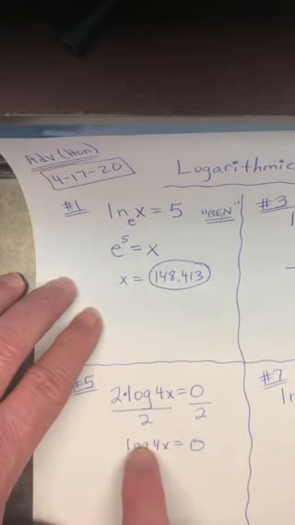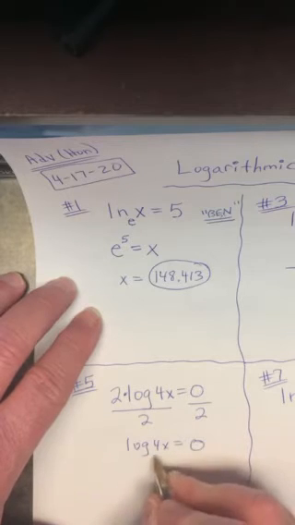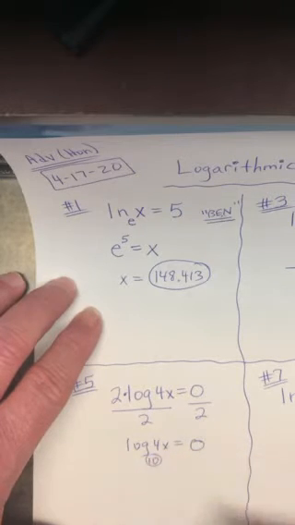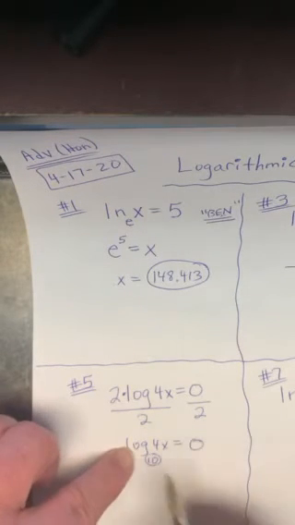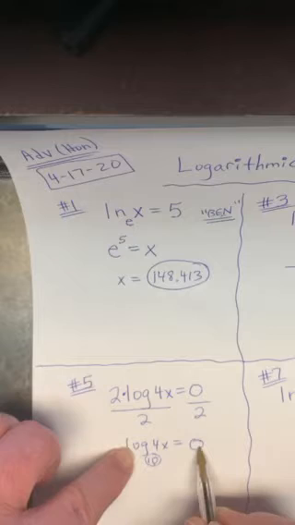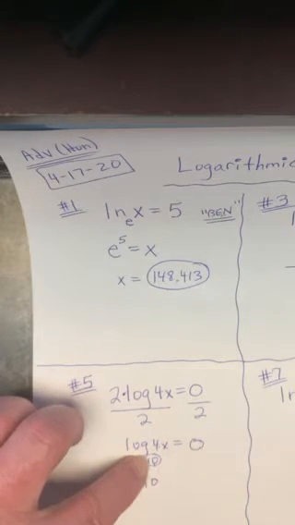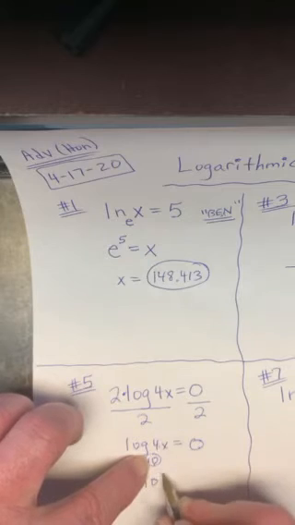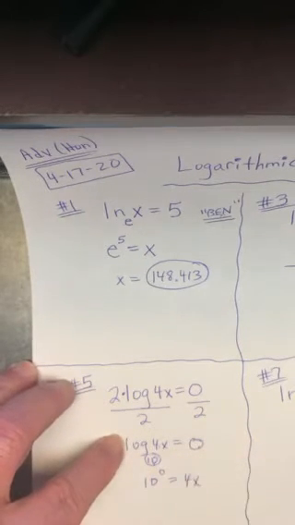On a common logarithm, when you don't see a base down here, remember this base is understood to be a 10. So technically, when I use the word Ben here, I have a base, an exponent, and a final number. My base is understood to be a 10. My exponent is 0, equals, and my final number is 4x.